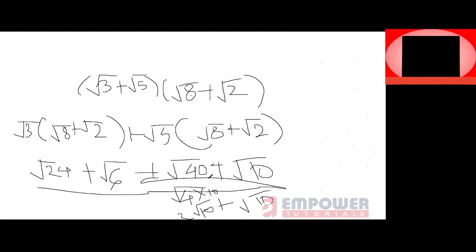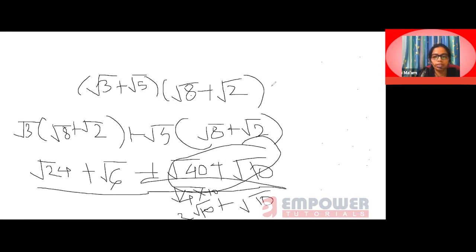Yes, ma'am. So this number will be 3 root 10. So you need to simplify those numbers and look for their factors, and then look whether we are getting like surds or unlike surds. Here I am getting like surds.